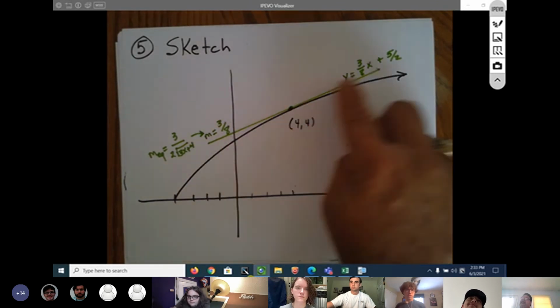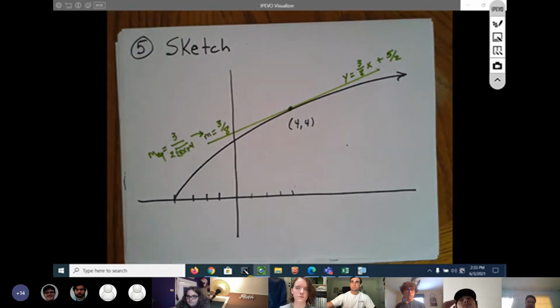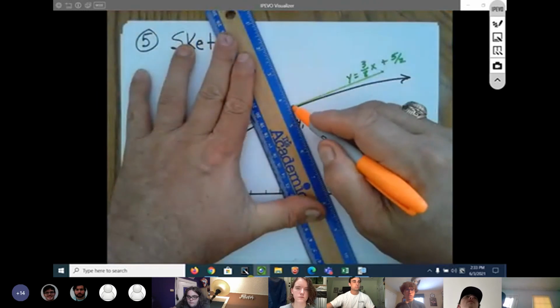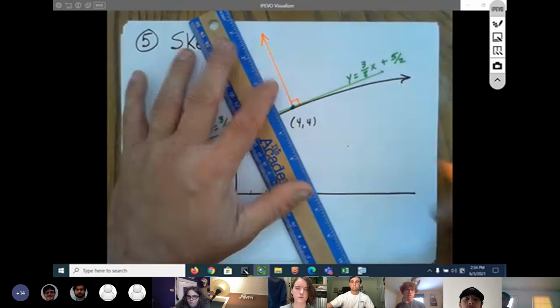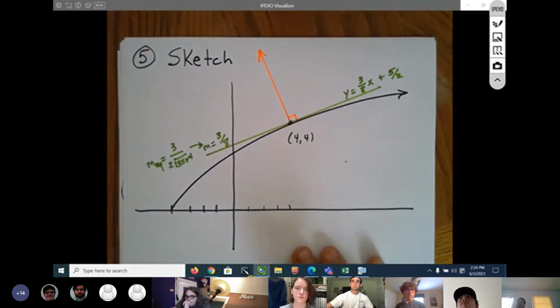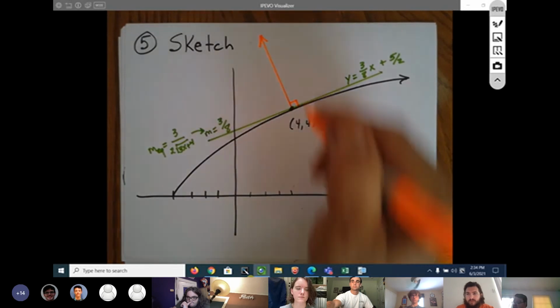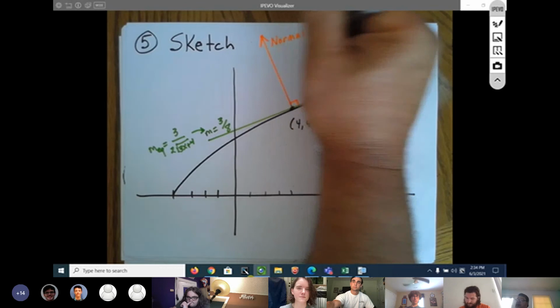If you can find the tangent line at any point, then somebody tell me what this line is called. Well, I don't know what it's called, but it's 90 degrees, which means it's perpendicular, which is called the normal vector.